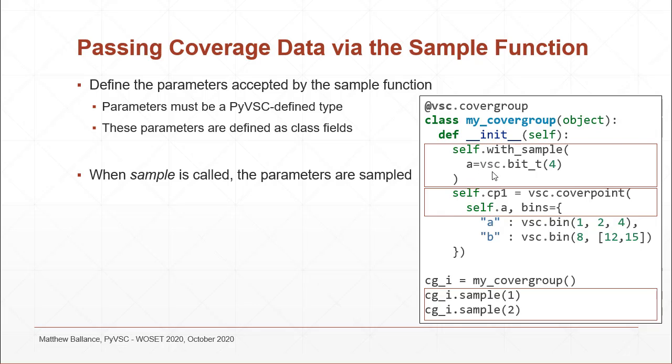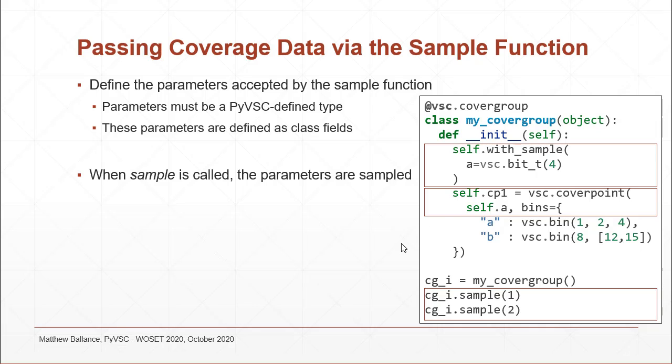It will be named A, and the type will be a 4-bit field. Now, through some Python magic, this field A is made a class member, and so we can define our cover point on this A variable. We've got some bins here, we've got a cover point, and then when we want to sample some data, we pass it explicitly to the sample method. So the value 1 will be sampled by this cover point, the value 2 will be sampled by this cover point.